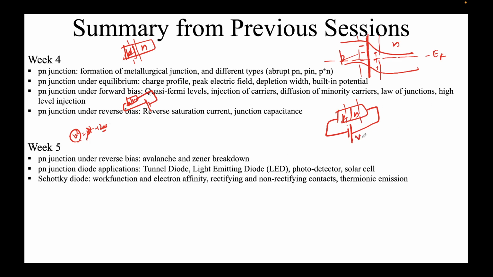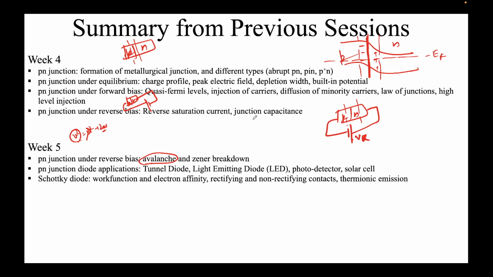Let's say we keep it fixed. We reverse bias, we are keeping it fixed, whatever the magnitude is. But as you travel more distance, the kinetic energy of the electrons will increase, right? And when the kinetic energy increases, then what can happen? They can knock out other electrons, and this will give rise to a chain reaction, and we result in something called an avalanche. A huge amount of current can flow in the avalanche breakdown in reverse bias.